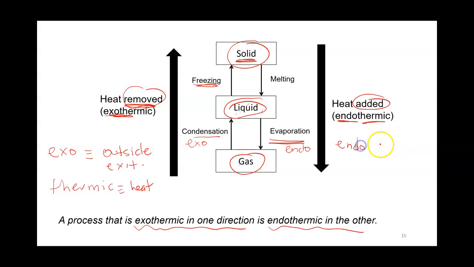Endo means inside, or some people say it means enter. And then again, thermic meaning heat. So this means when we say that something is endothermic, that heat is entering or going into our system.